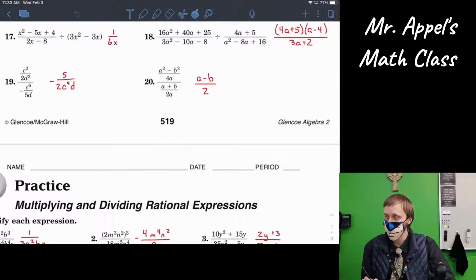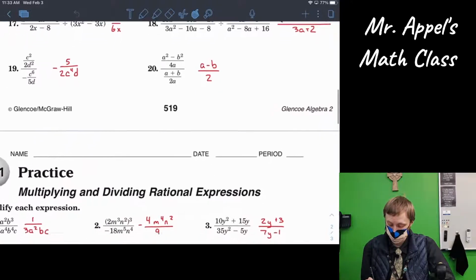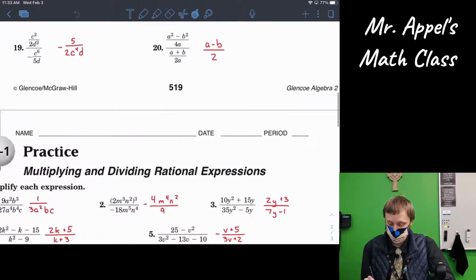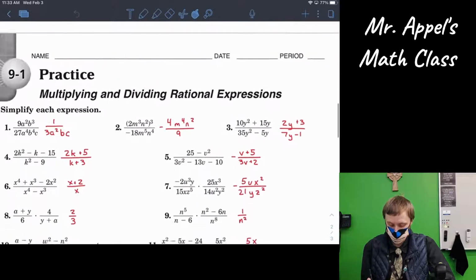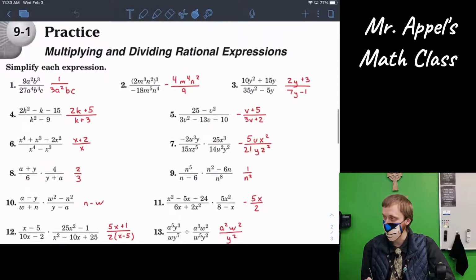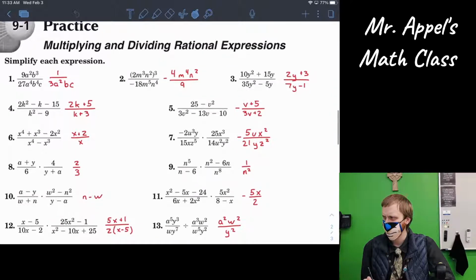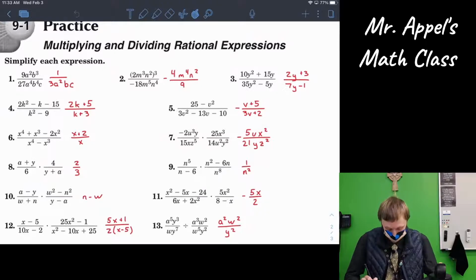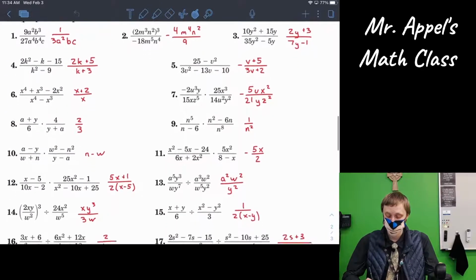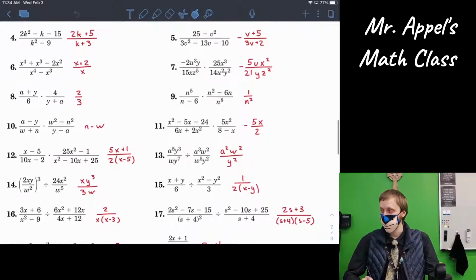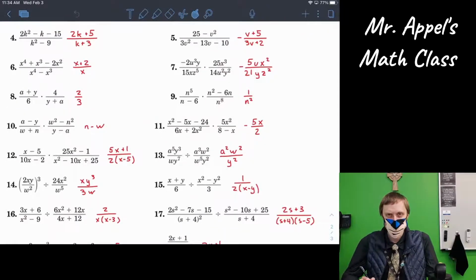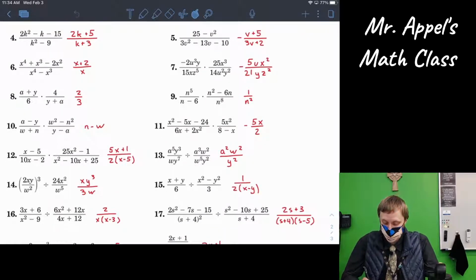I only say that because I've seen worse. Okay, and then here is the back side. Beauty of the recorded video is you can pause and go back to any point.